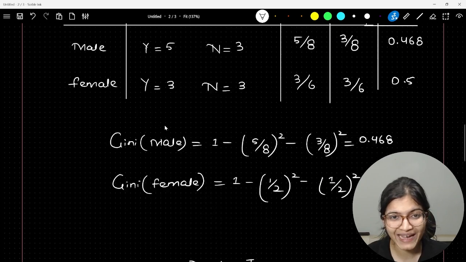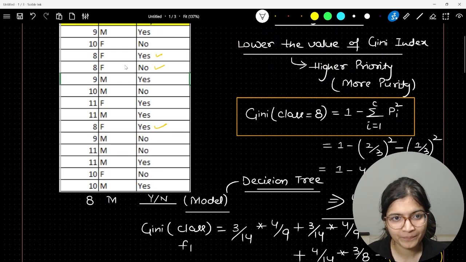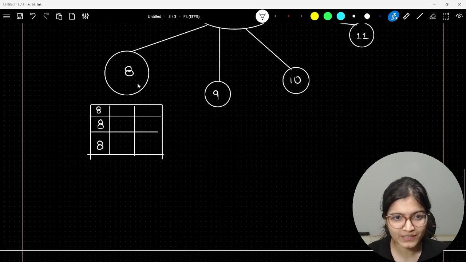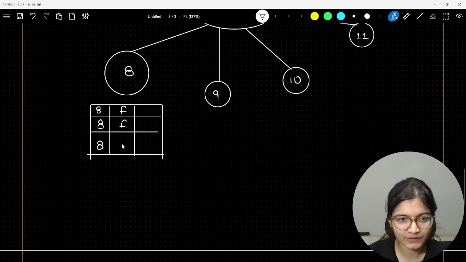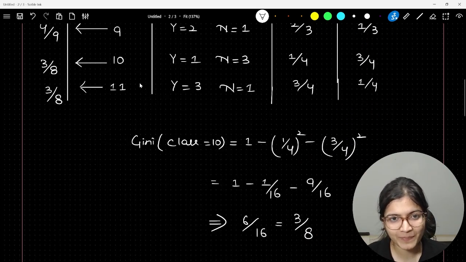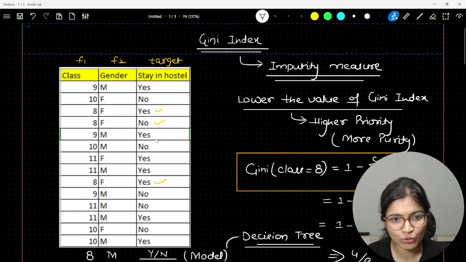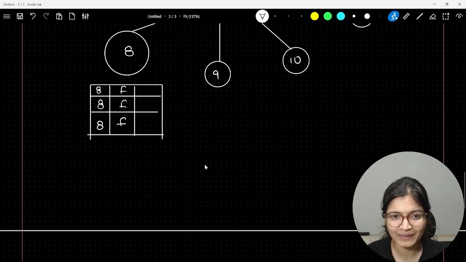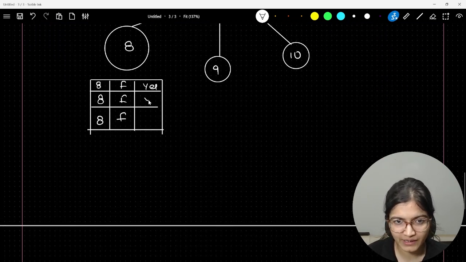Gender is, I think, female all the times. And in that case, 2 times the result is yes, and only 1 time the result is no. Now see, this is the scenario.